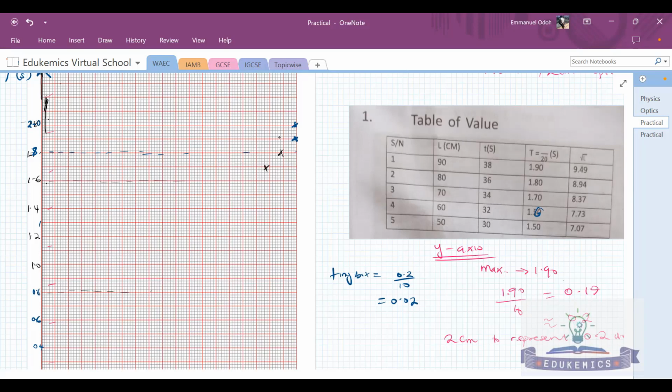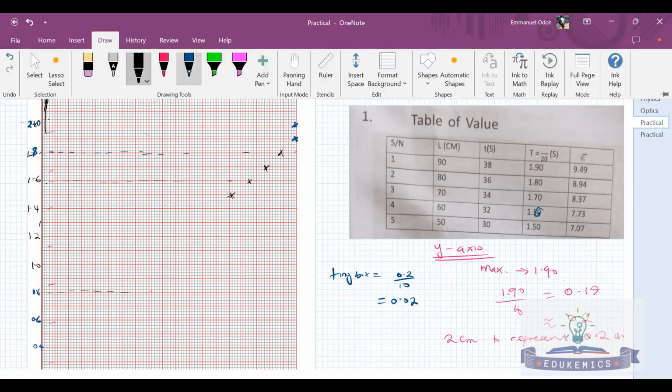This is 7, 7.73, somewhere around here. Then we have 1.5 and 7.0, so almost 7. So I can draw the line of best fit now.